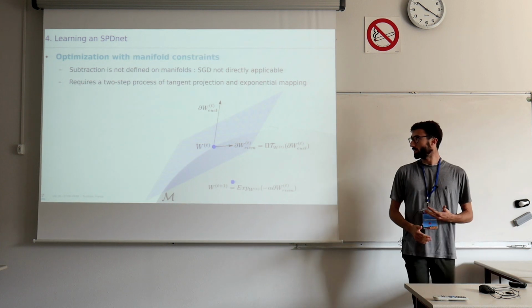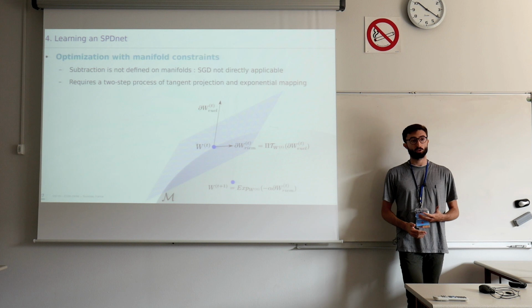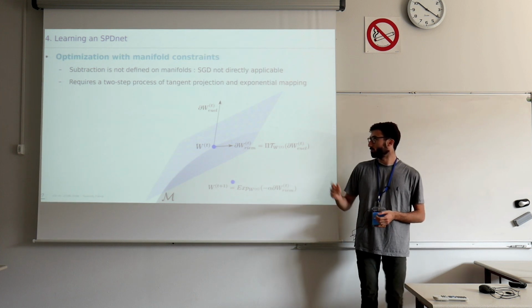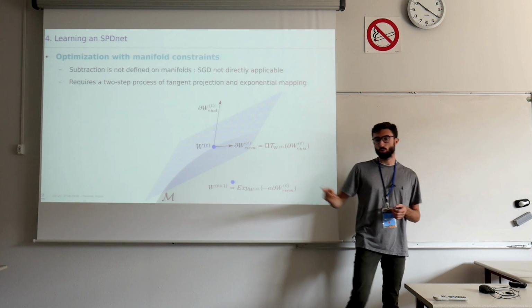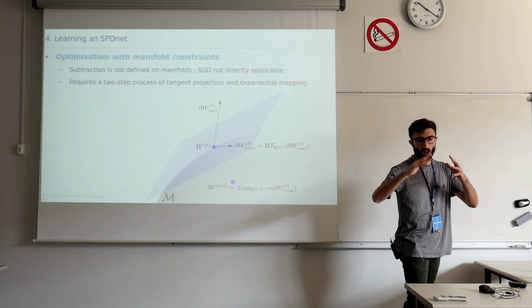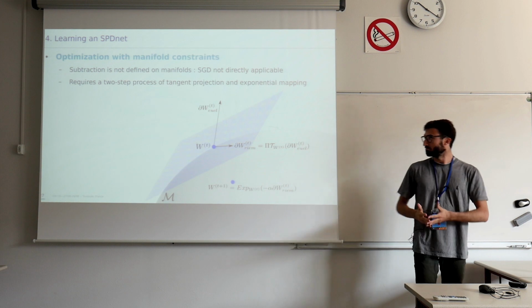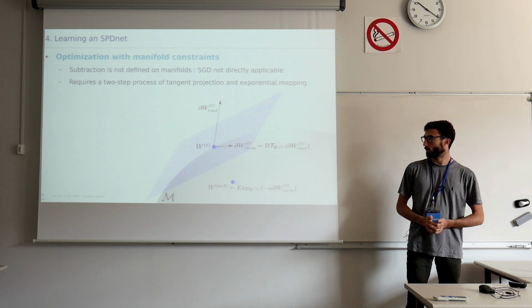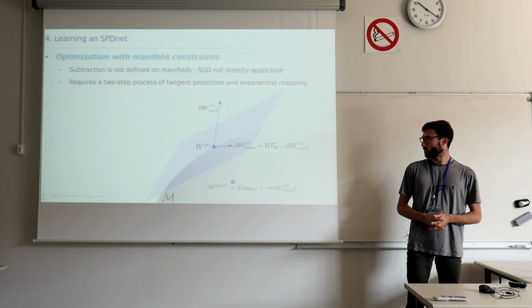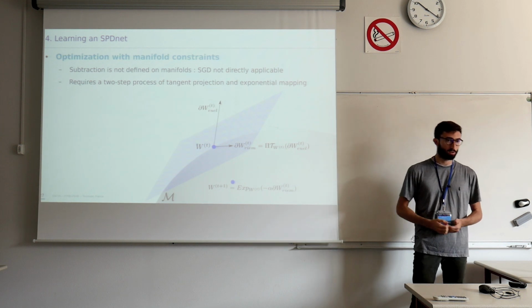So what we do is a tangential projection. We project dw up onto the tangent plane at point W. And then we choose a retraction operator. For instance, the exponential mapping will do. And this gives us the next iterate.